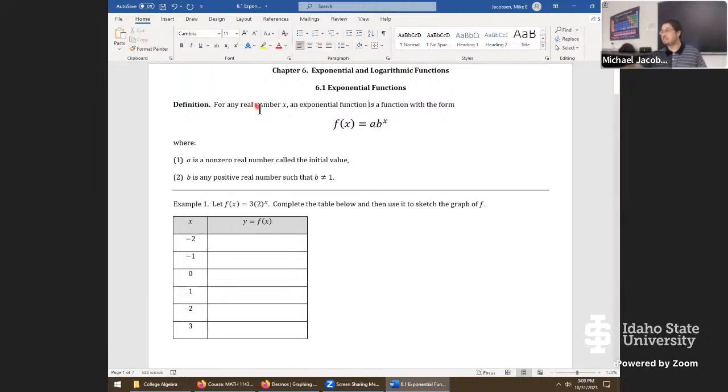So for any real number x, if your function has this format, you're looking at an exponential function. And there's a couple ways to write this out. For example, down here on the example, the a would be 3, the value that's in front. B for the base would have been 2, but I can't necessarily write it this way, because now it looks like we're taking 32 to the power of x.